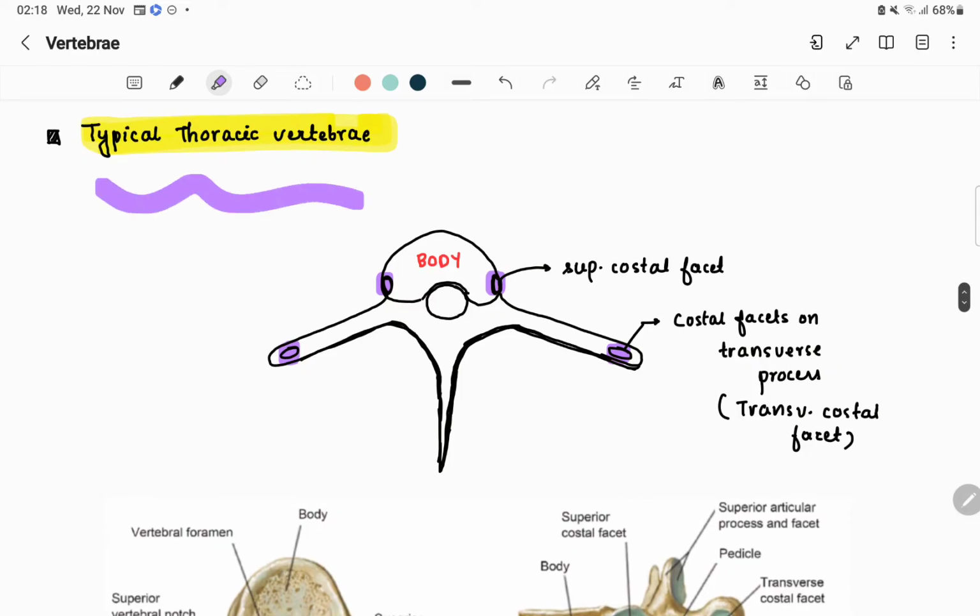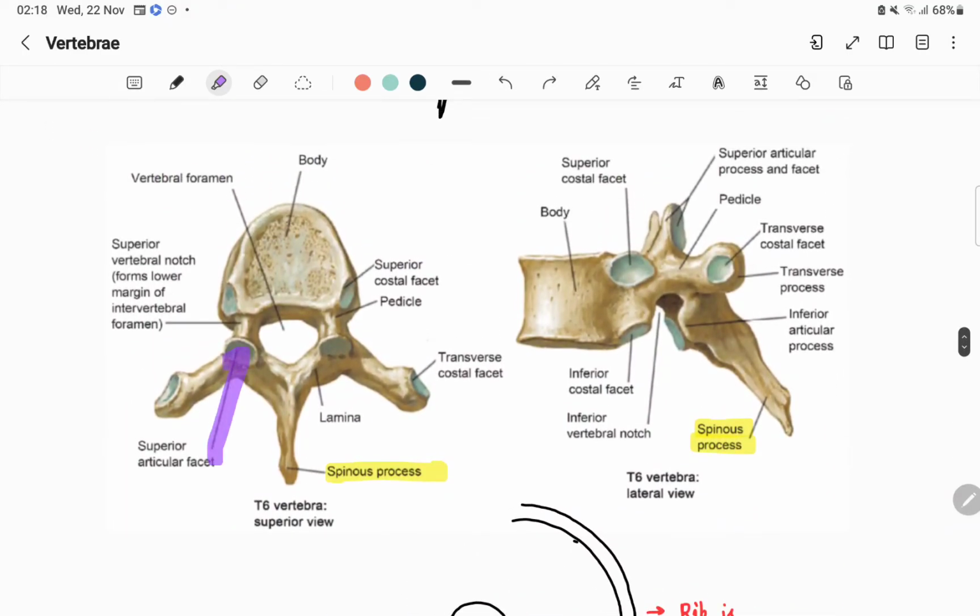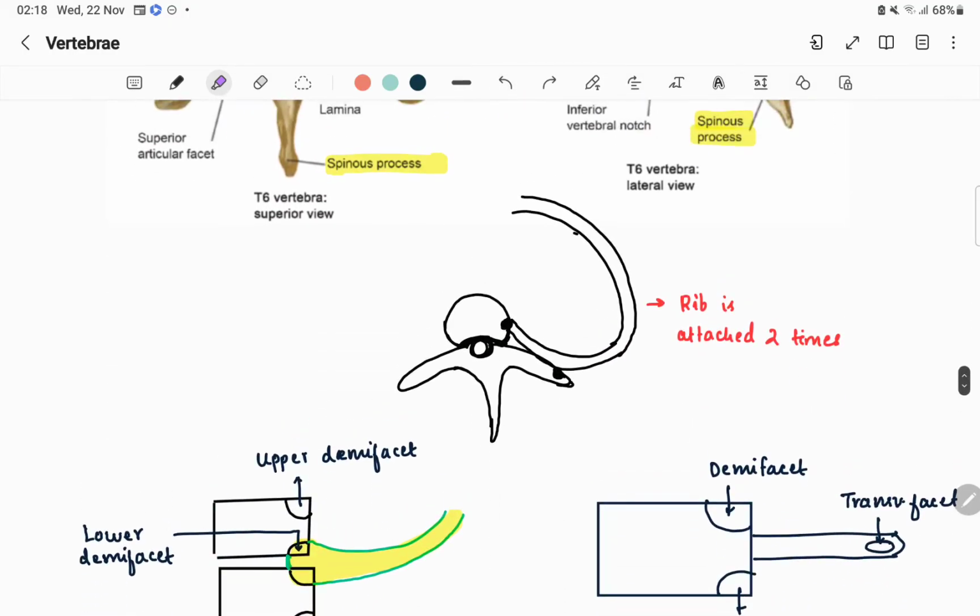So a typical thoracic vertebra has your superior costal facet and your transverse costal facets. Understood? This is a superior costal facet, and these are your transverse costal facets on the transverse process. Okay, and the rib is attached to these two locations.